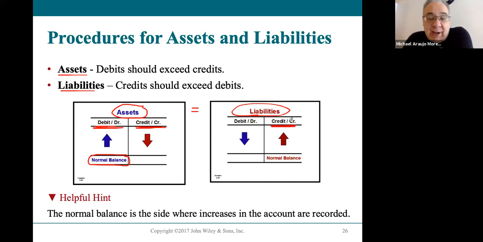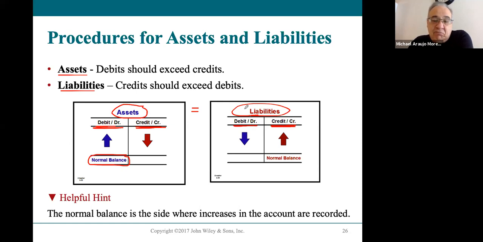So I just showed you accounts payable. Accounts payable is a liability account. Every time we have more accounts payable, we would put those numbers on the credit side of the account, showing we have more. When we paid those bills, we would lower it by putting it on the debit side, showing we have less accounts payable to pay. Okay, just the opposite of the asset side.